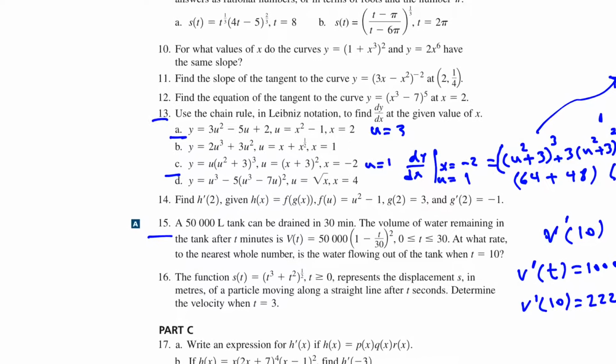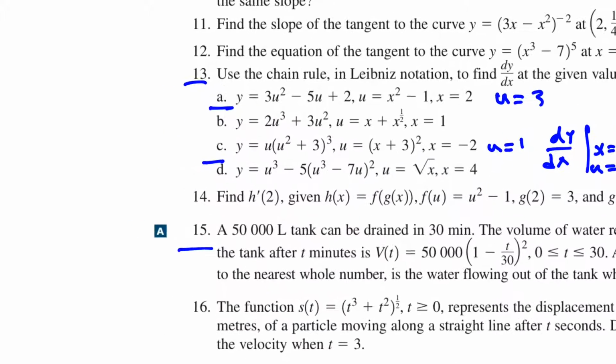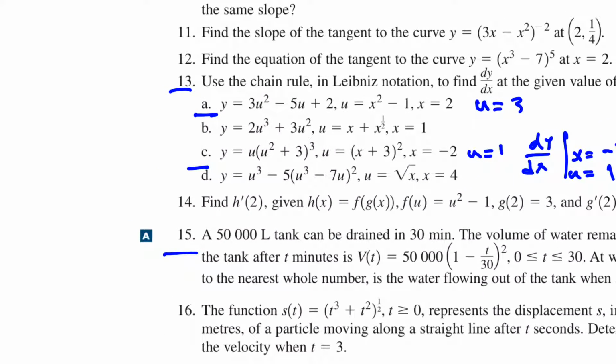Next question. Question number 13, part A. Y is 3u² minus 5u plus 2, u equals x² minus 1, when x is 2. When x is 2, u is 4 minus 1, and u is 3.